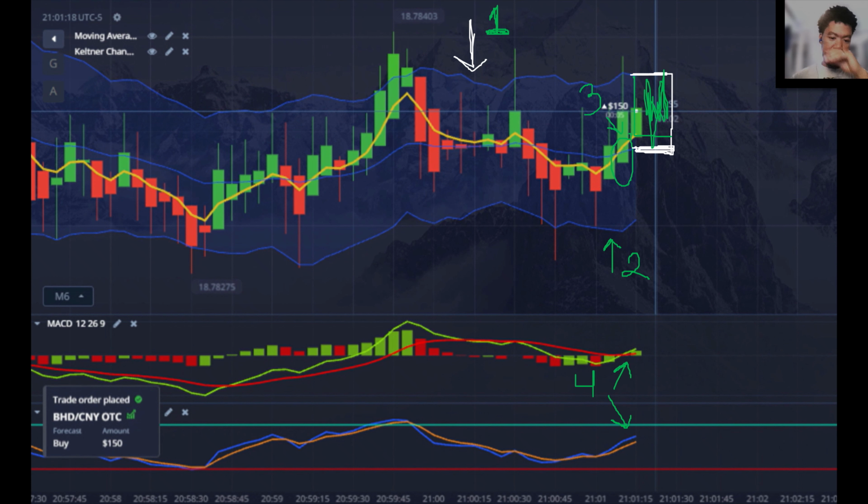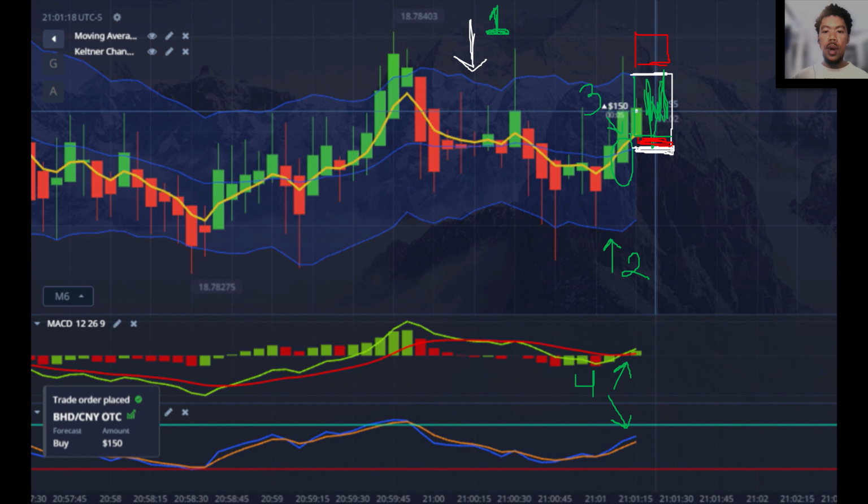Oh, and I just messed up. So where I don't want to enter is down here because this may retrace. If it's near the bottom, I would just stay out of it and wait for another opportunity. The other areas, I should give it a little bit more space, anywhere above like this red area.